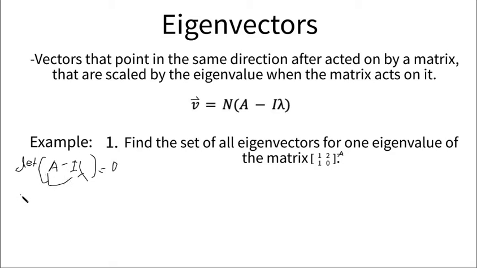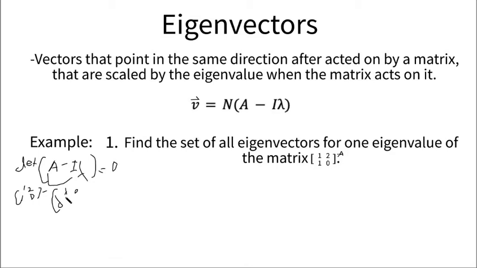A minus I lambda. A is 1, 2, 1, 0. Minus I, which is 1, 0, 0, 1. So it would be a 1 here and a 1 here. And since you're multiplying it by lambda, you just multiply lambda by each element. The 0 stays 0.